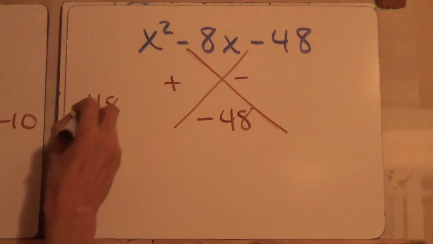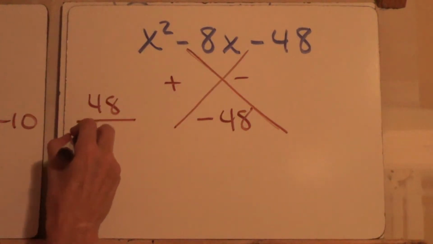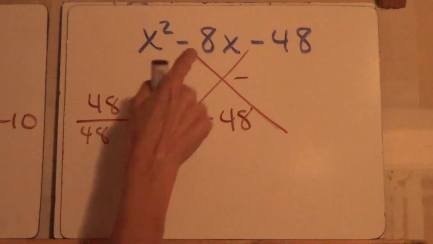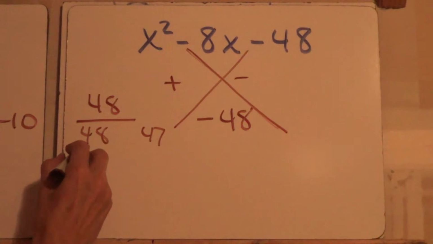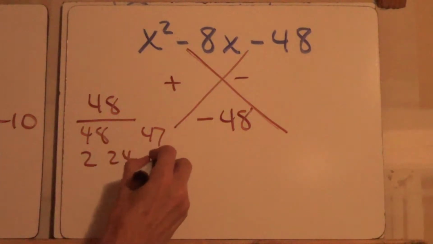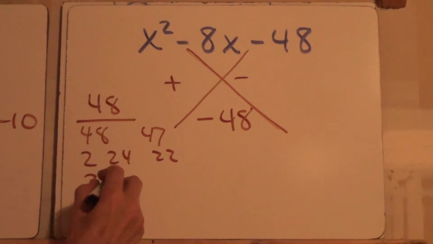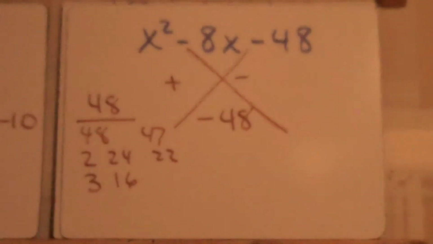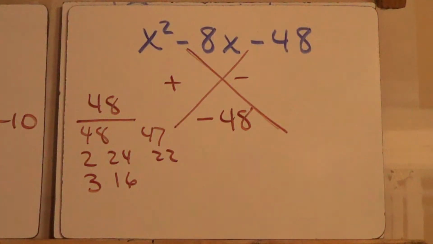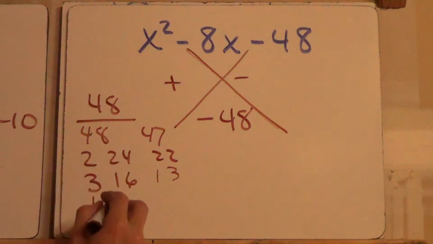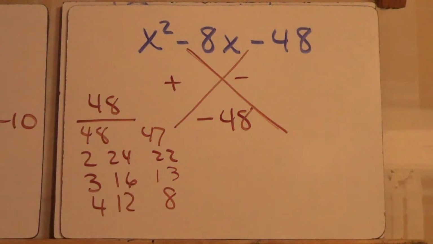So we have factors of 48. 48 and 1, subtracted would be 47, that's not 8. 2 and 24, subtracted would be 22, that's not 8. 3 and 16 would subtract to be 13. That's not 8. 4 and 12, those would subtract to be 8.